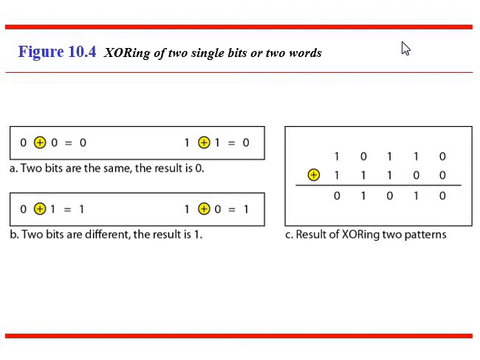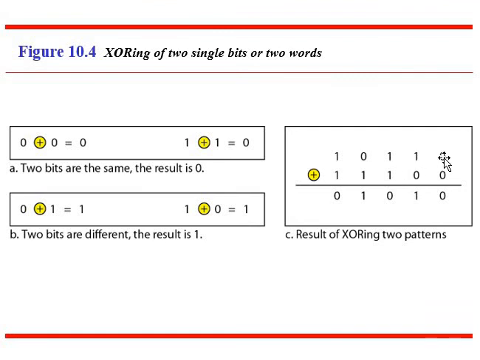This is a logical operation, XOR, where whenever there are two identical inputs, the output is 0, that is 0 XOR 0 is 0, 1 XOR 1 is 0, whereas 0 XOR 1 is 1 and 1 XOR 0 is 1. So whenever there are different inputs we will get the output as 1. Here is one example.